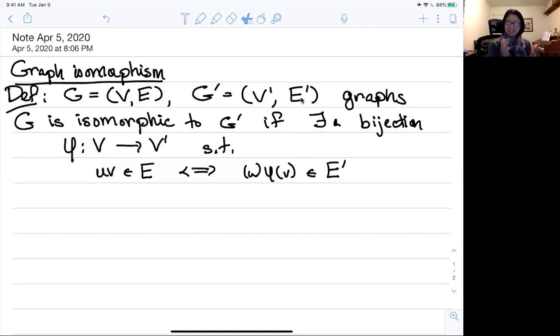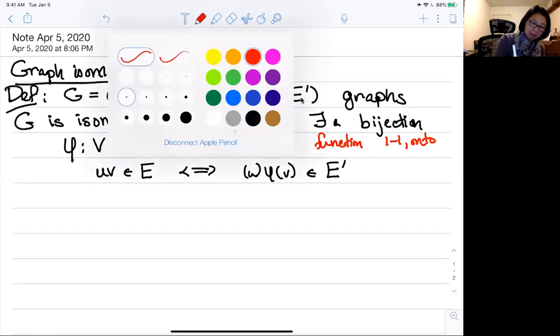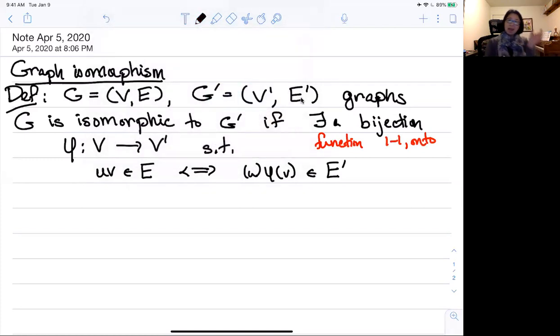So what's a bijection again? Remember, this is a function that is both injective and surjective. So both one-to-one and onto, such that UV is an edge in the first graph if and only if phi of U, phi of V is an edge in the second graph.